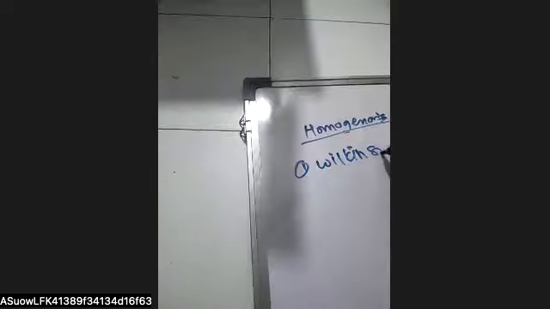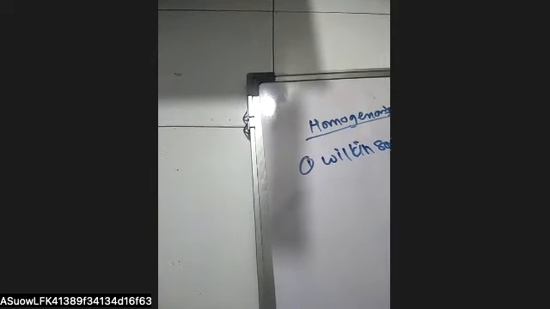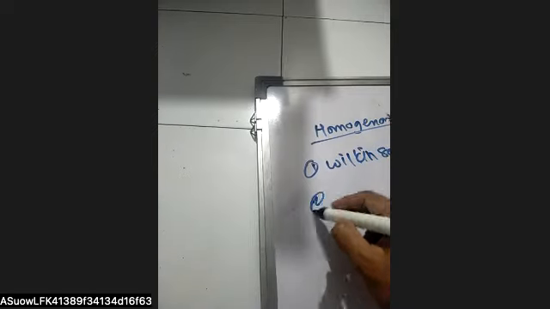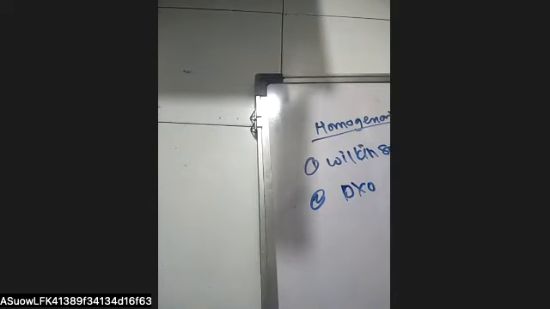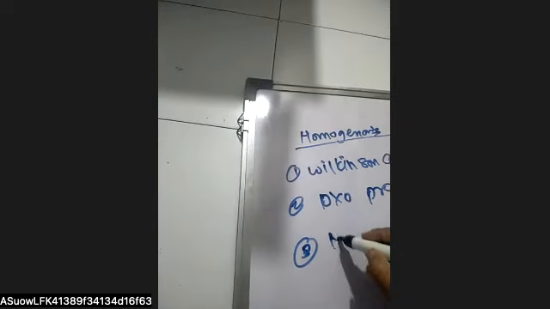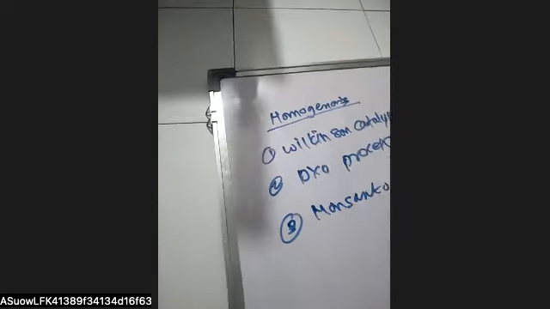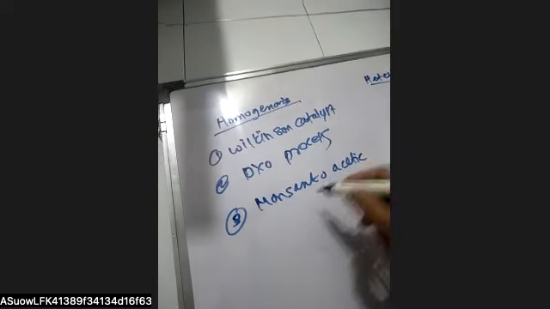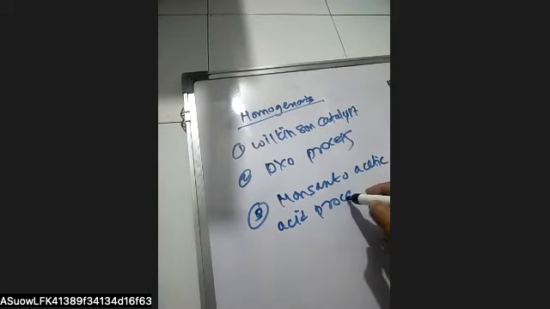If you take examples of homogeneous catalysis, we have the Wilkinson catalyst, or the oxo process, which is homogeneous catalysis, or we can take the Monsanto acetic acid process. And in the case of heterogeneous catalysis, we can take the example of Ziegler-Natta catalysis.